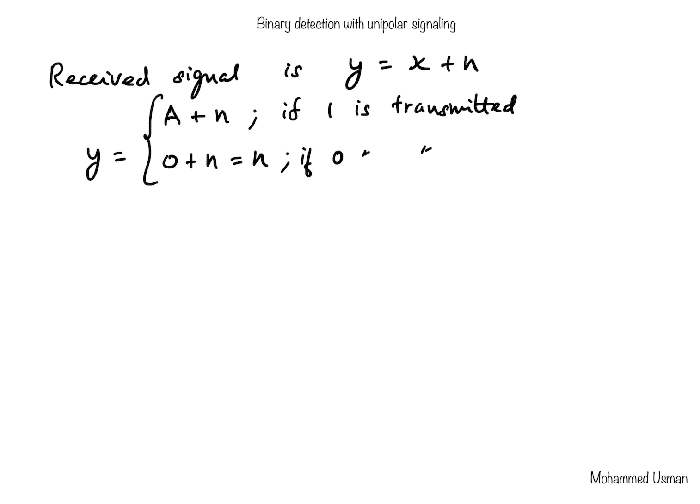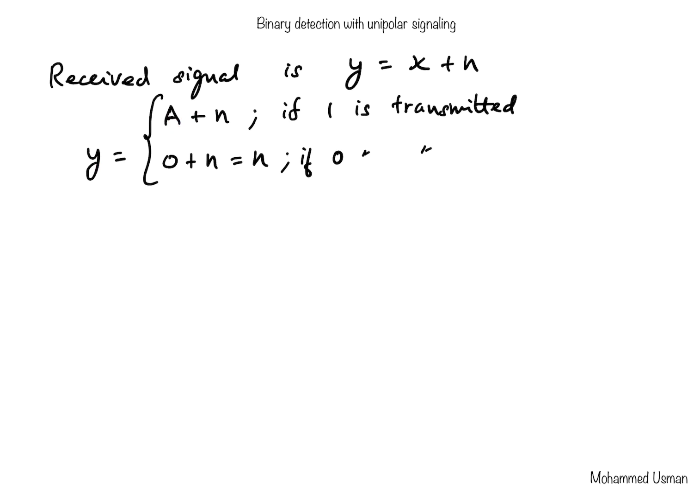So we have two cases here for the received signal, and N obviously is the Gaussian noise which has a mean value of 0. When this Gaussian noise is added to some constant, the mean value is going to get shifted.